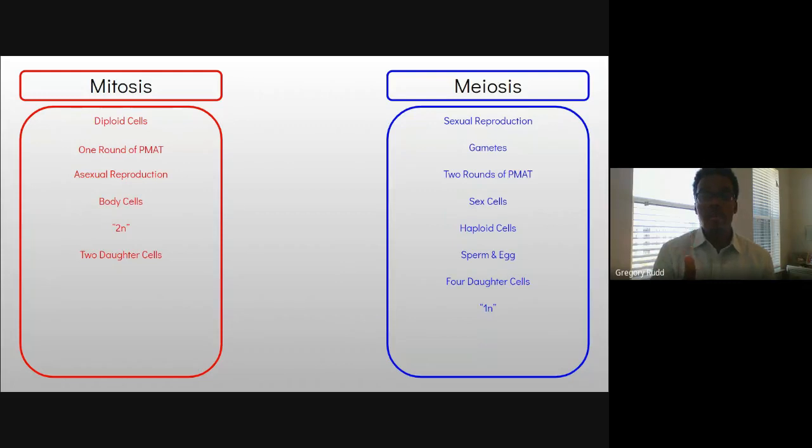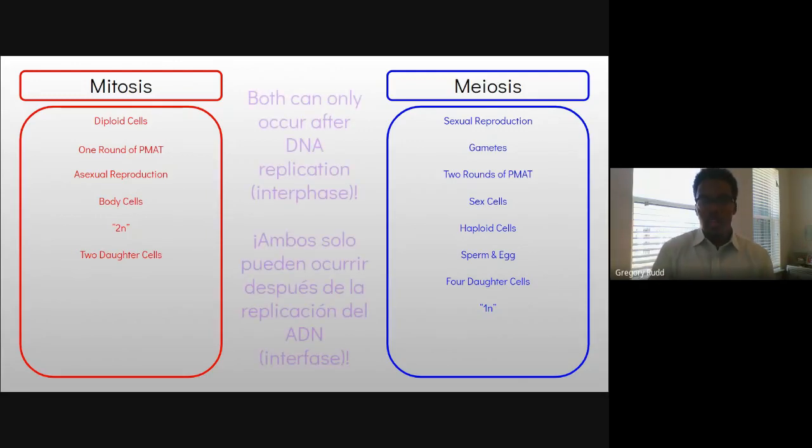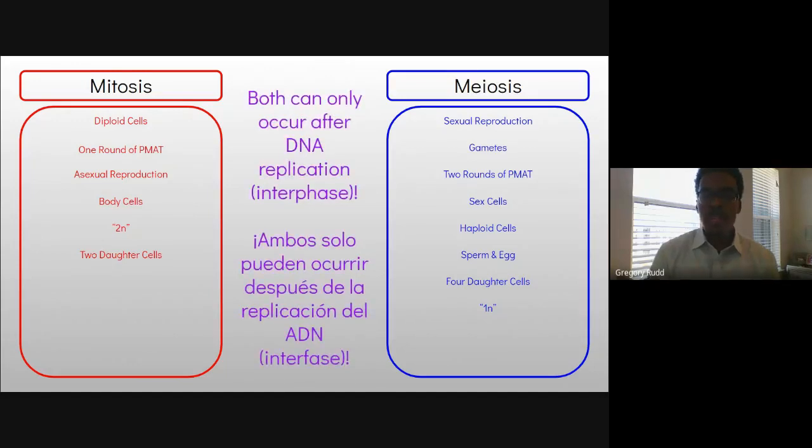Also, this is a good opportunity for me to mention that our exams, as we know, are cumulative. So please make sure you refresh your Unit 1 and Unit 2 notes. I'm not saying 2 hours on each unit or anything like that, but just quickly look through them again and make sure that you remember some of the foundational concepts. Of course, both of these processes can only occur after DNA replication.